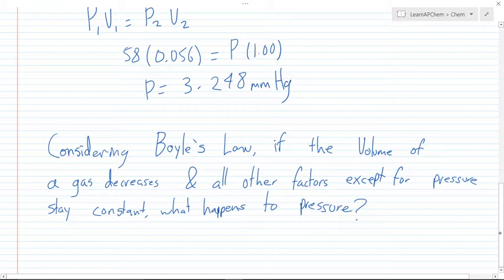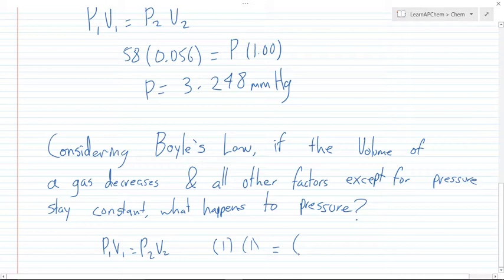Alright, so this is a little more of a conceptual question, but we can actually find the answer pretty easily just knowing our formulas. So Boyle's law here is P1 V1 equals P2 V2. We're saying that we have some pressure, we'll call that 1, and some volume, we'll call that 1.